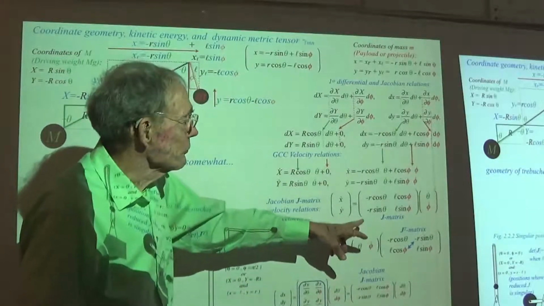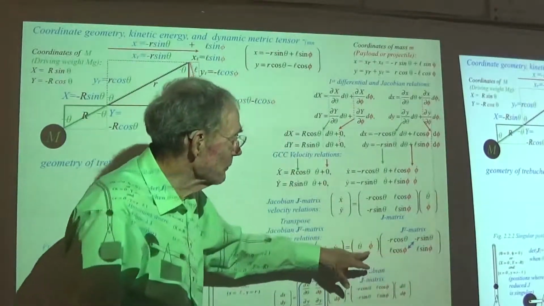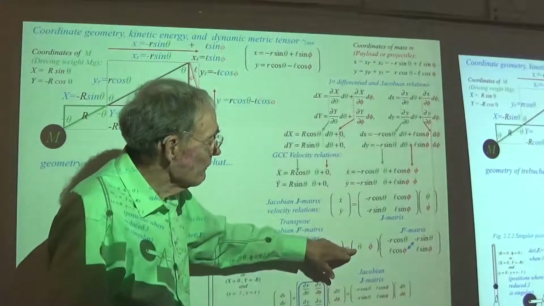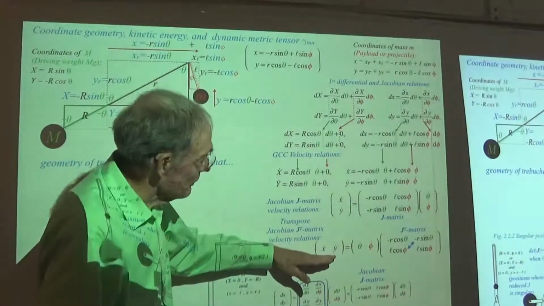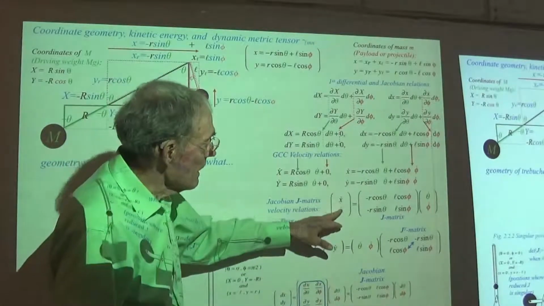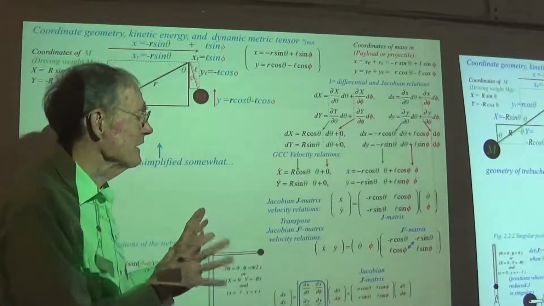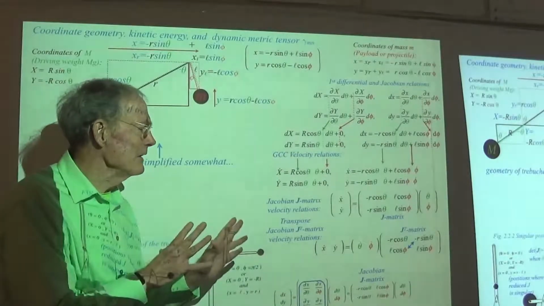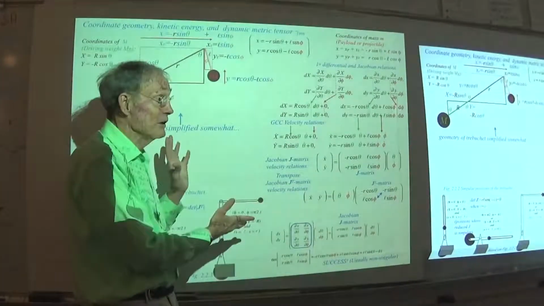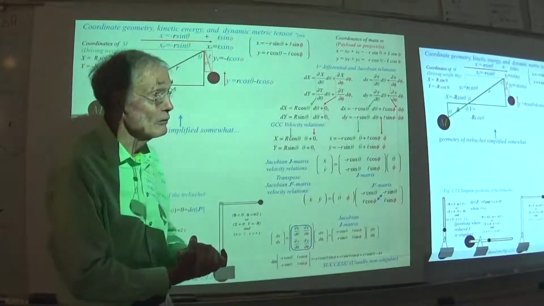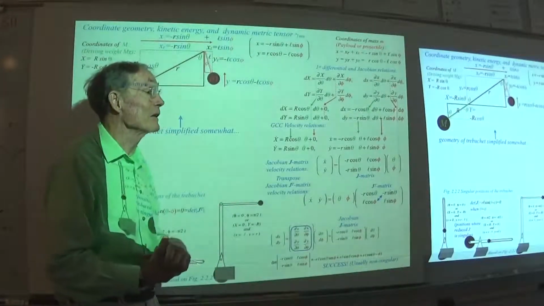I have to do the transpose Jacobian if I'm going to write a row vector made out of these velocities. So that's the row vector x dot y dot. There's the column vector x dot. This is just getting us in the frame of mind so we can deal with GCC coordinates, which we have here. These are generalized curvilinear coordinates that are anything but orthogonal.